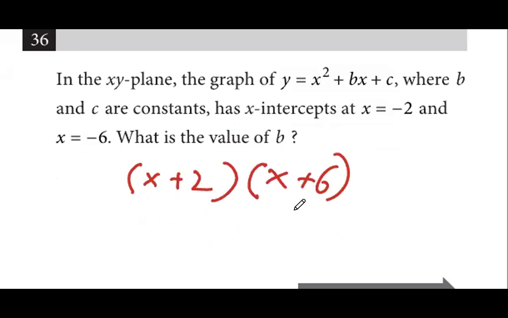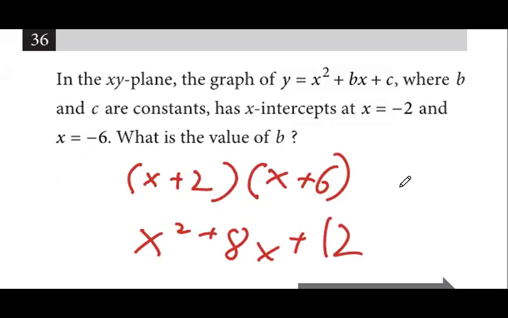So in this case, what is the value of b? x plus 2 times x plus 6 gives us this equation on top, which would just be x squared plus 2x plus 6x, which is 8x plus 12. So what is the value of b? Bx, which would just be 8.